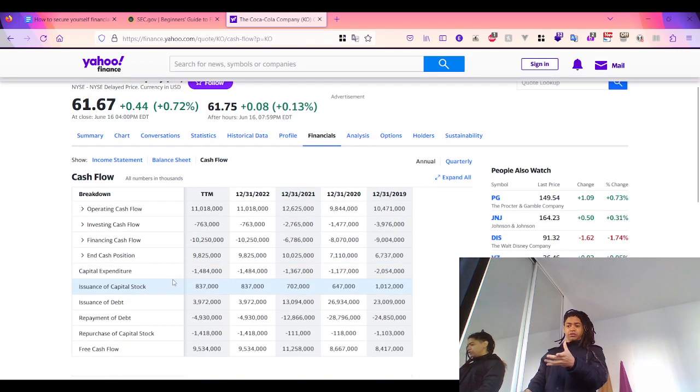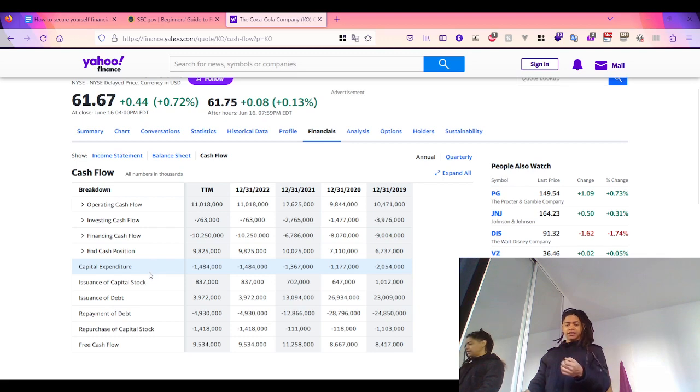And this is important because companies need to have cash on hand, much like persons, to pay expenses, rent, utilities, as well as taxes, among other things, and purchase assets.